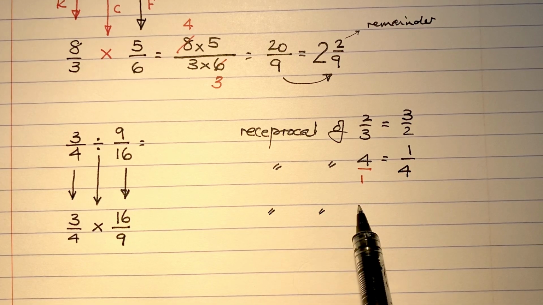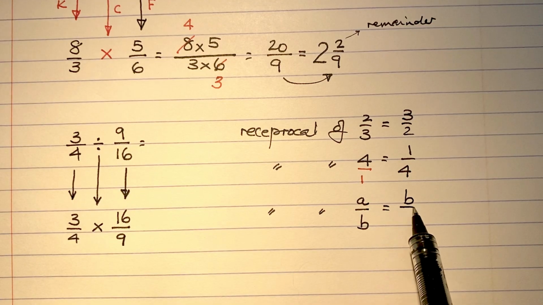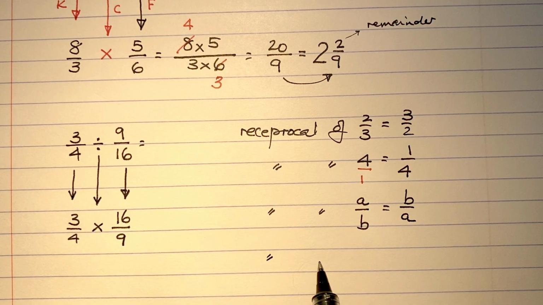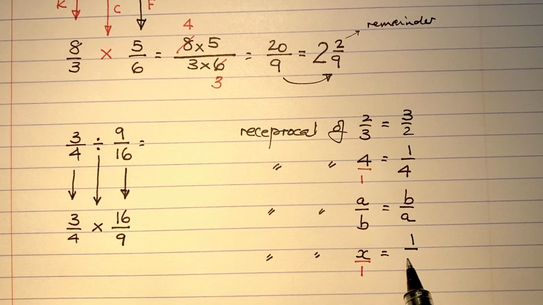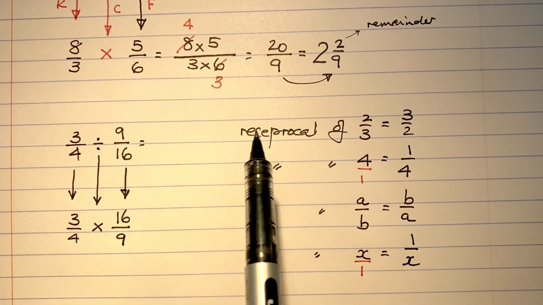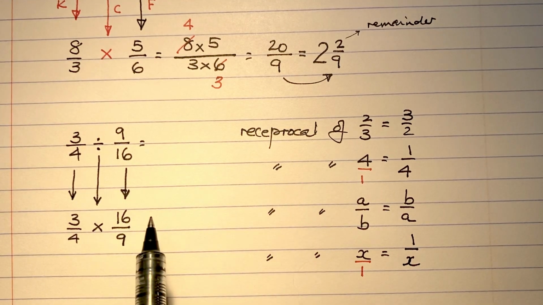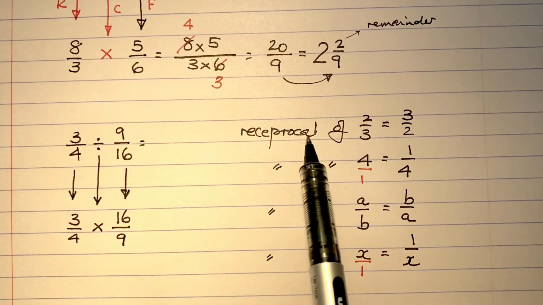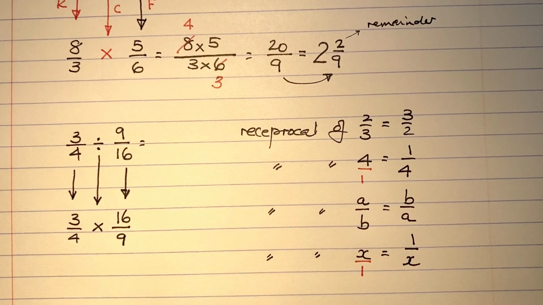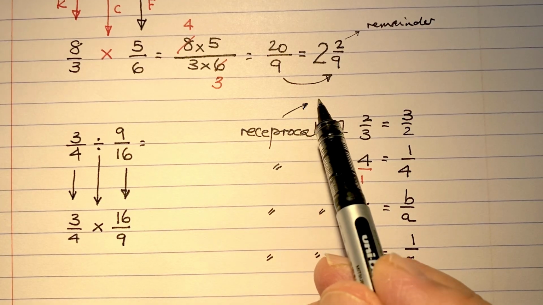Reciprocal of A/B is B/A. Reciprocal of x, if x is written as x/1, becomes 1/x. So flip, the proper name for it is reciprocal. Sometimes you're asked in the exam, what is the reciprocal of a fraction or a number? So you need to know reciprocal means flip it.